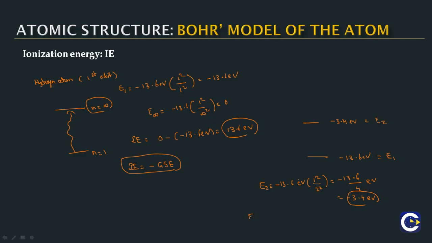If you go to E3, the value will be -13.6 eV × 1²/3², which is -13.6/9, approximately -1.5 eV.